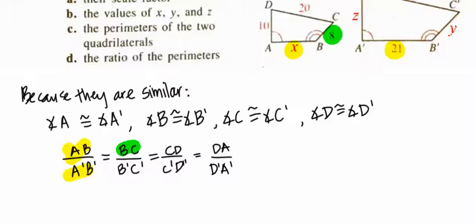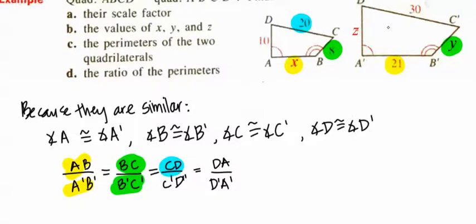BC is 8. It corresponds to a length of Y. CD corresponds to C prime D prime, and DA corresponds to D prime A prime.